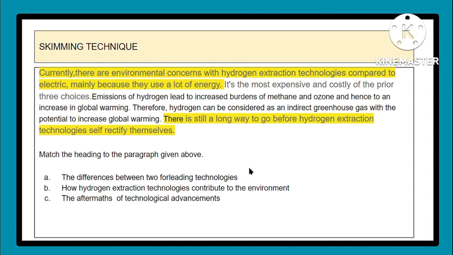The next question says, how hydrogen extraction technologies contribute to the environment. So I'm going to underline what could be the technology that affects the environment. I'm going to highlight hydrogen extraction and contribute.